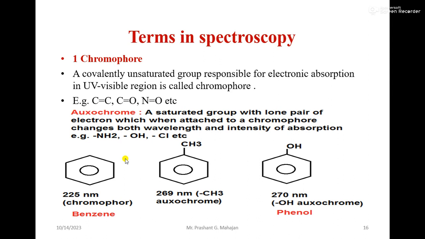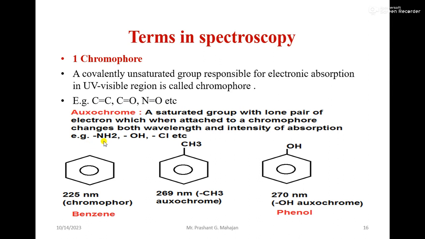That means auxochrome is not going to absorb UV visible radiation, or it is not going to show electronic absorption in the UV visible region. But when it is attached to the chromophore, it is going to change both wavelength and intensity of absorption.